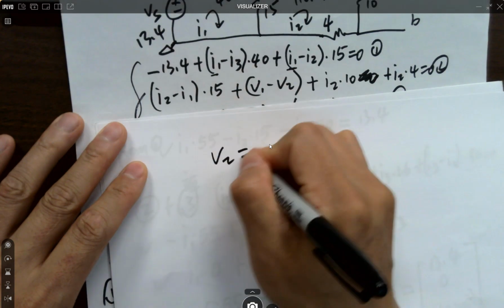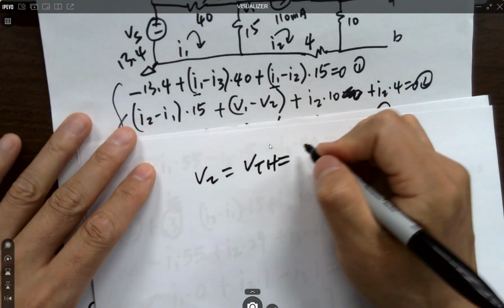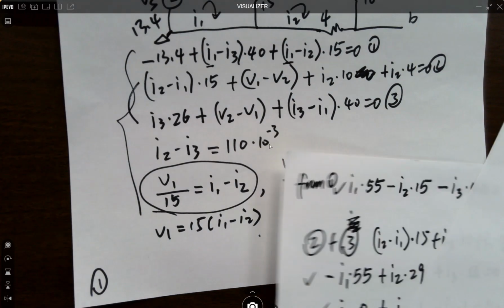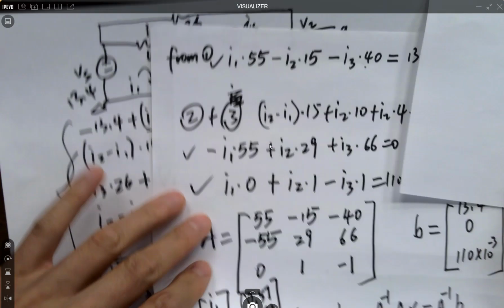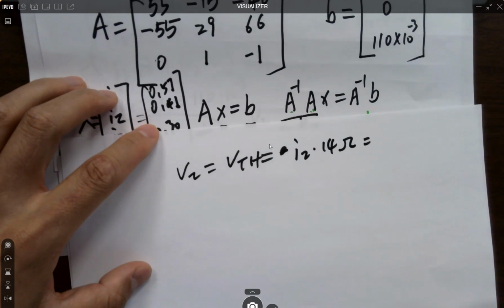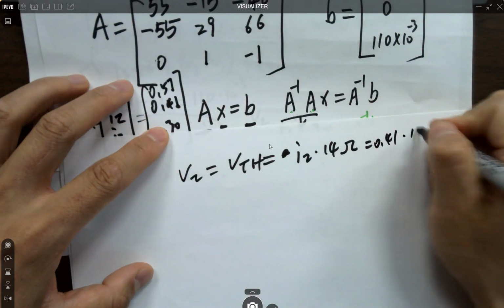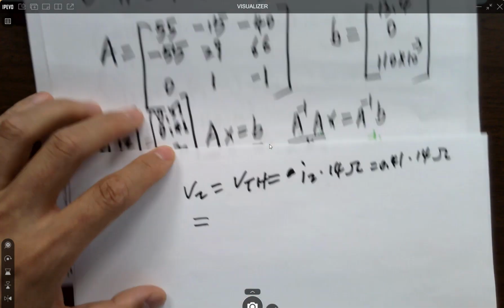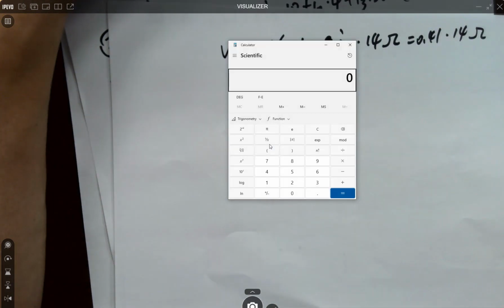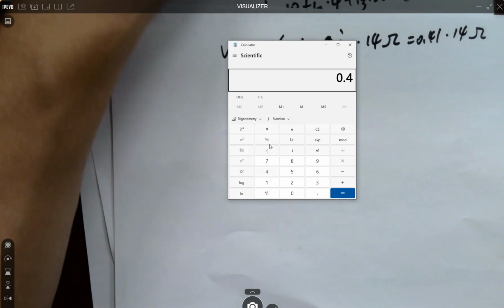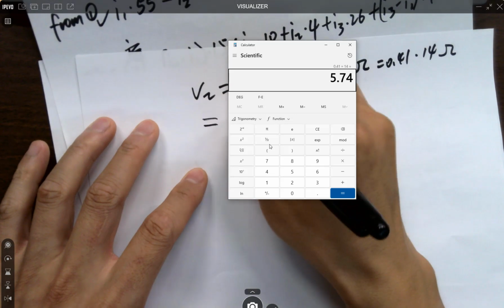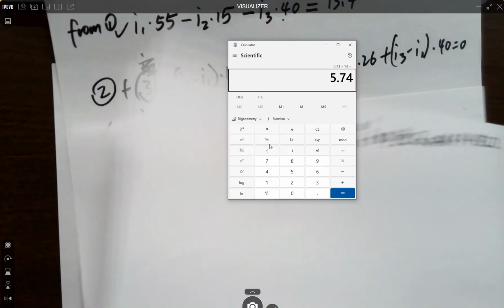So V2, which is VTH, equals I2 times 14 ohms, which is 0.41 amps times 14 ohms, which is 0.41 times 14, 5.74 volts. So we got a voltage.